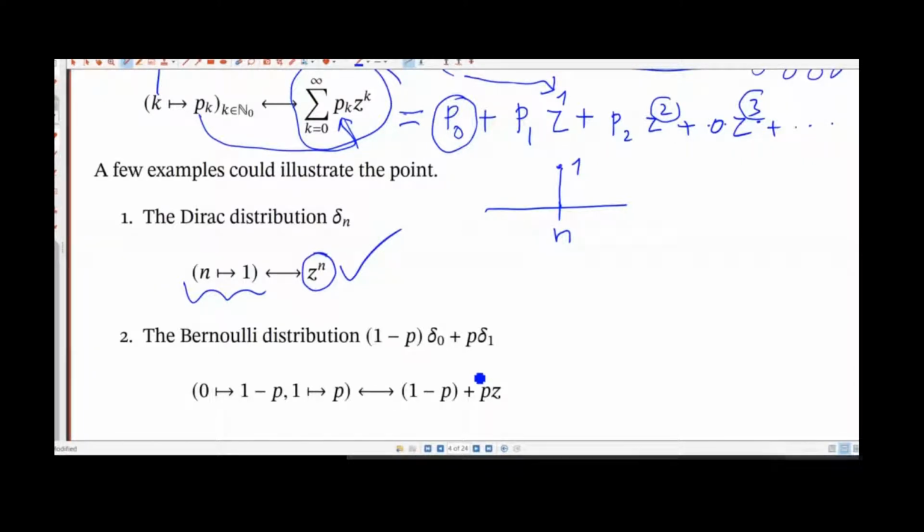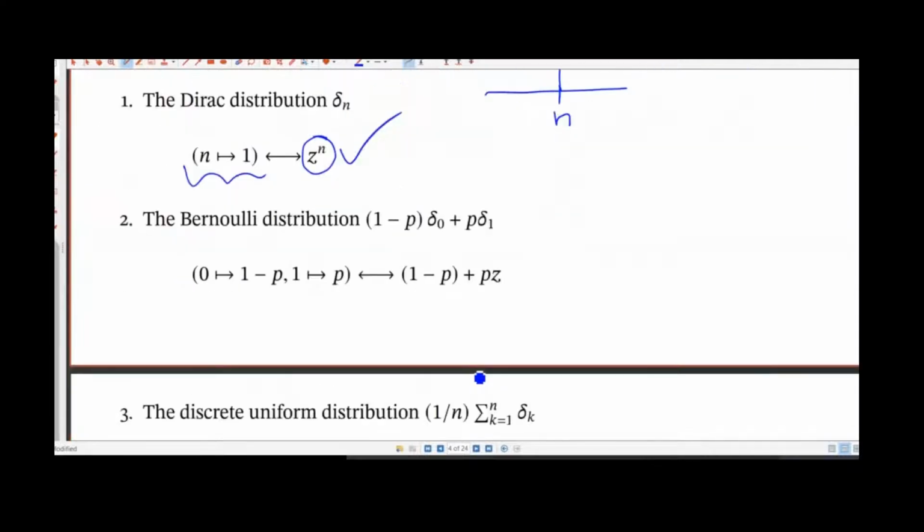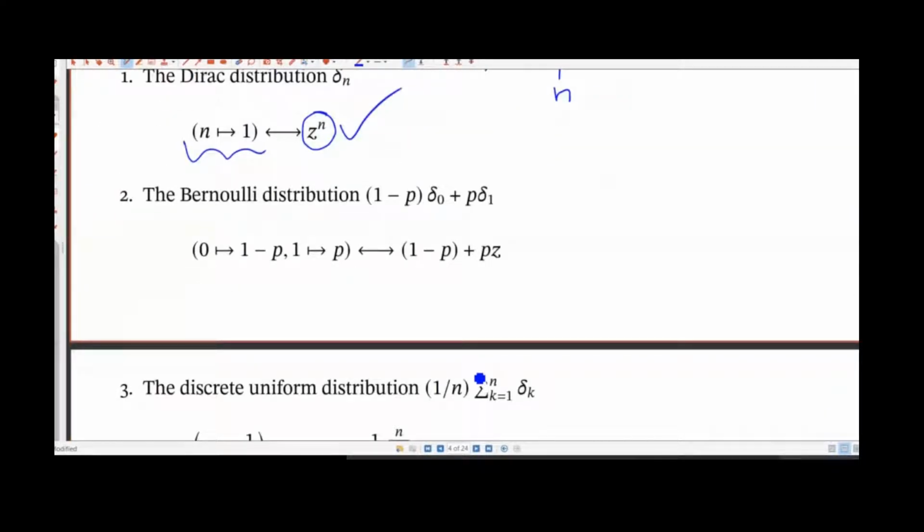Another example, Bernoulli distribution. And here I just write it so that you can remember that you have values 0 and 1. 0 is associated with probability 1 minus p, 1 is associated with probability p, and this is how you write the maplets: 0 to 1 minus p, 1 to p. And here it's so easy to write.